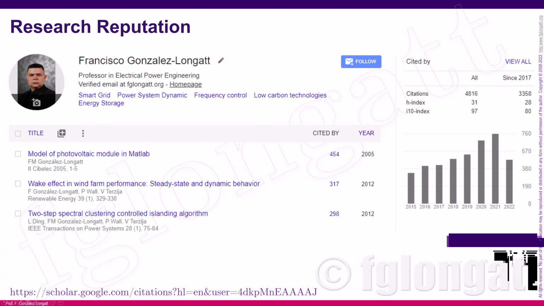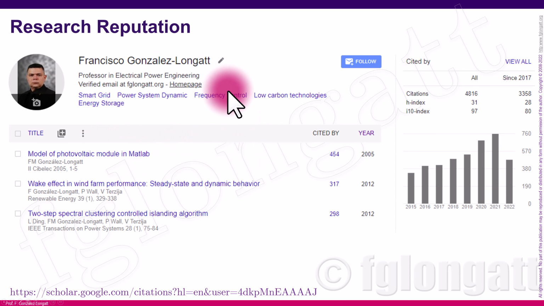Here is just a very small demonstration of my research reputation. If you go to the famous Google Scholar, you will find that I have around 5,000 citations, and my h-index is around 31.